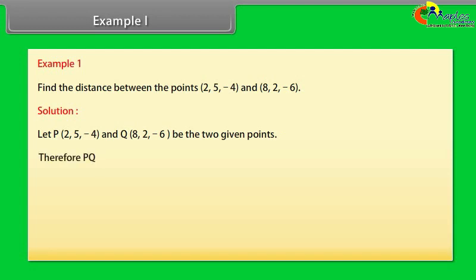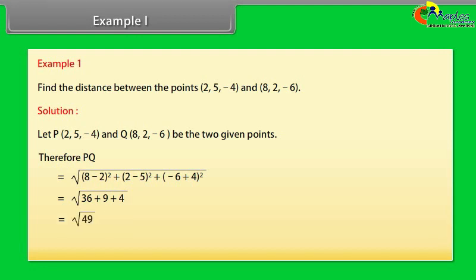Therefore, PQ is equal to the square root of (8 minus 2) square plus (2 minus 5) square plus (-6 plus 4) square, which is equal to the square root of 36 plus 9 plus 4, which is equal to the square root of 49, which is equal to 7.